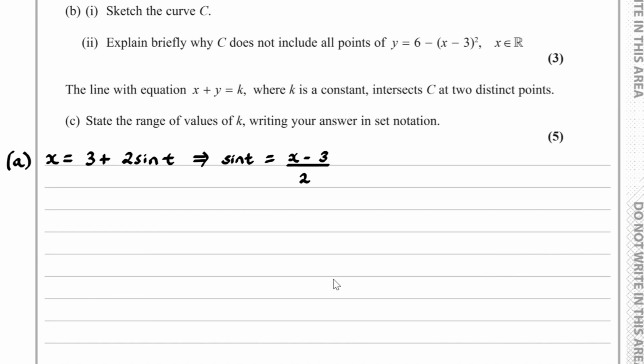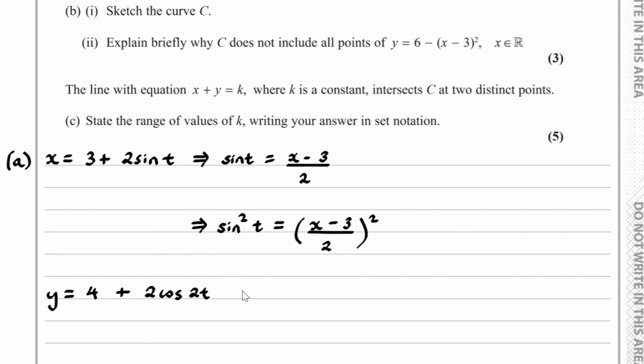And what we can also do from here is square. So I've got sine squared t equaling x subtract 3 over 2 squared. I've also got y equals 4 plus 2 cos 2t. Now, cos of 2t, that's 2 cos squared minus 1.